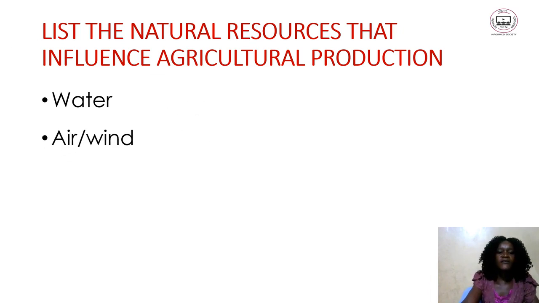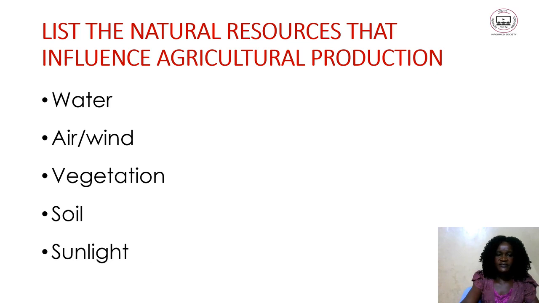We also have air or wind, and also vegetation. We also have soil, and lastly sunlight. So these are the five natural resources which will influence agricultural production. Of course, there are several, as I've already said, but we're going to discuss more on the five which we have just listed.